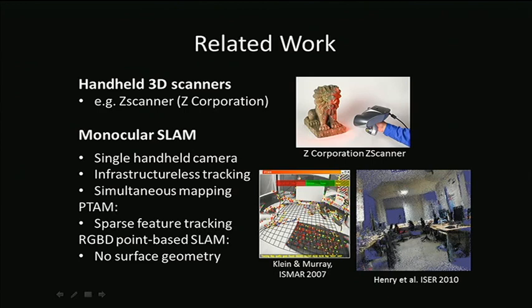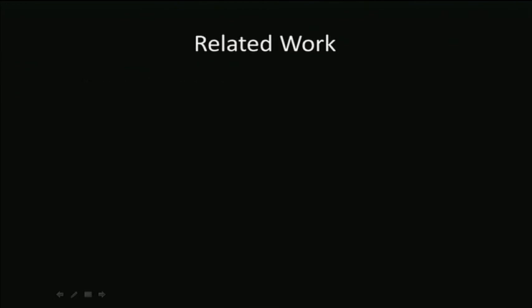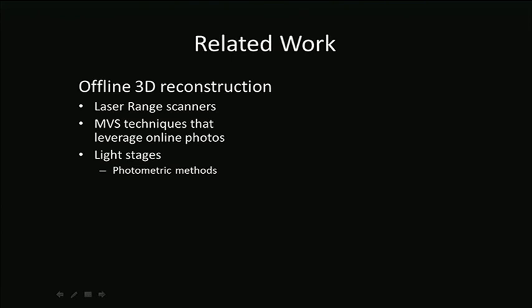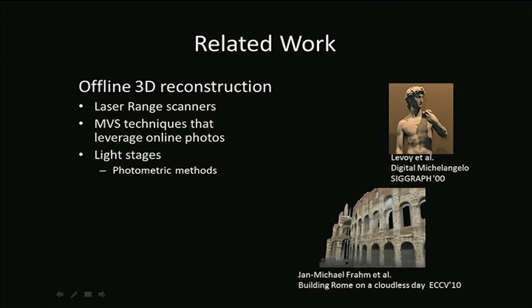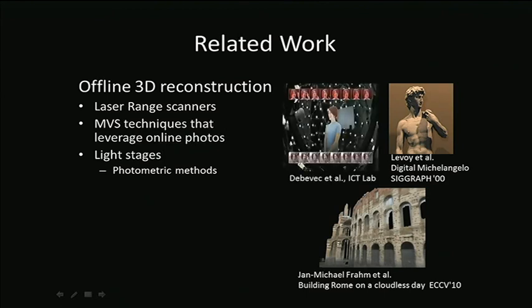so they don't really create the compelling results we've just seen. And another set of work is done in the field of computer graphics, for example, by using high-quality laser range scanners or light stages or multiple photographies. But they rely on heavy infrastructure, and they are not suited for online rendering.